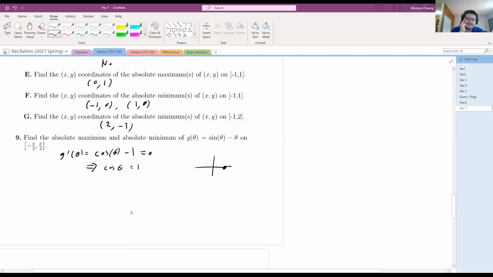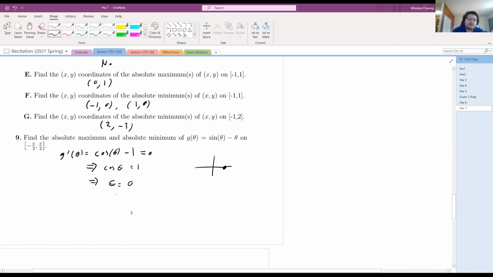It only happens at this particular point on the entire circle, and that corresponds to theta equals 0. Normally you would say there's plus 2 pi, minus 2 pi, all these extra 2 pi's, but this window forces us to only consider one value. So that window is important. That gives me theta equals 0.